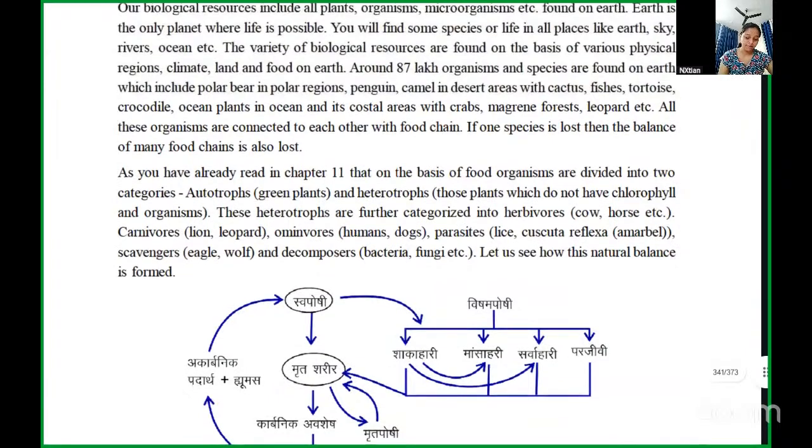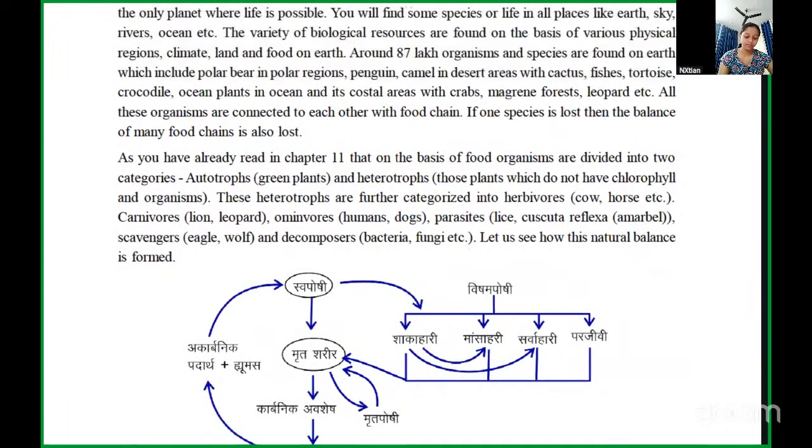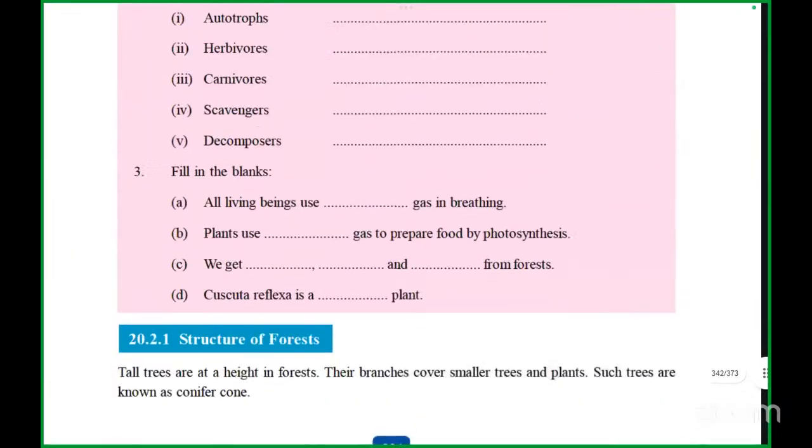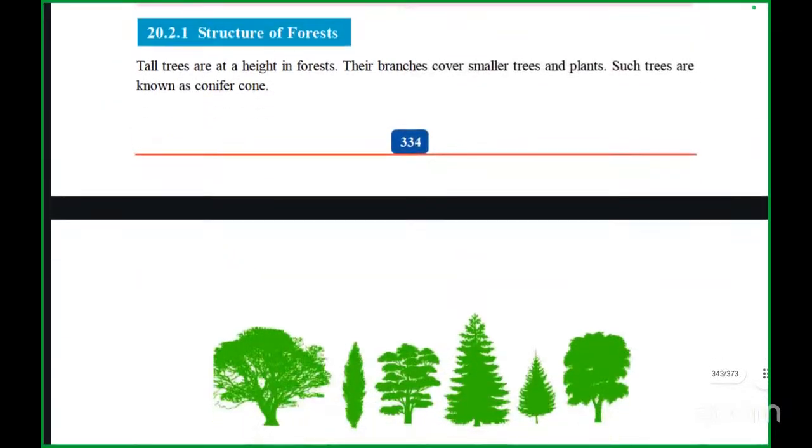One second, let me just confirm this because the commas are not placed right in this paragraph. Yes, it is a parasite. Okay, next question. Okay, done. You're done with the exercises.